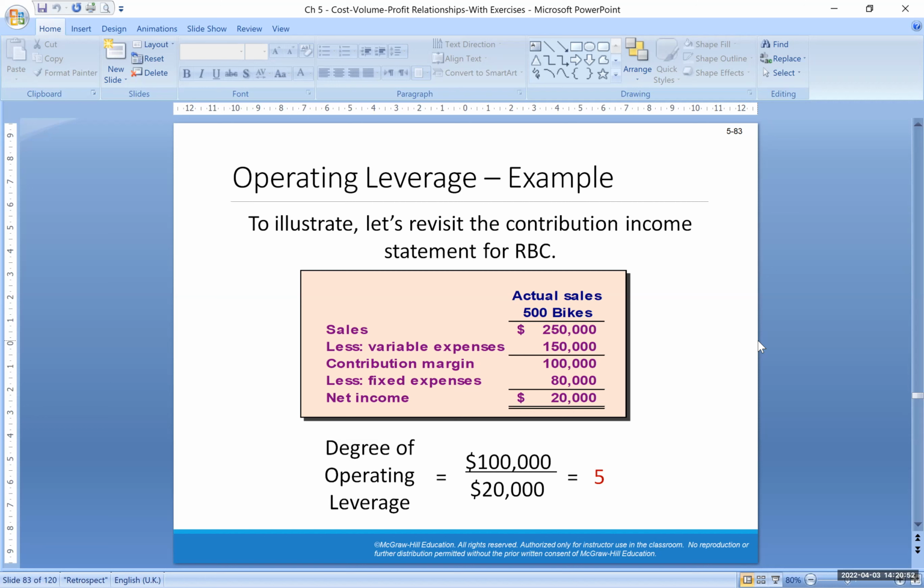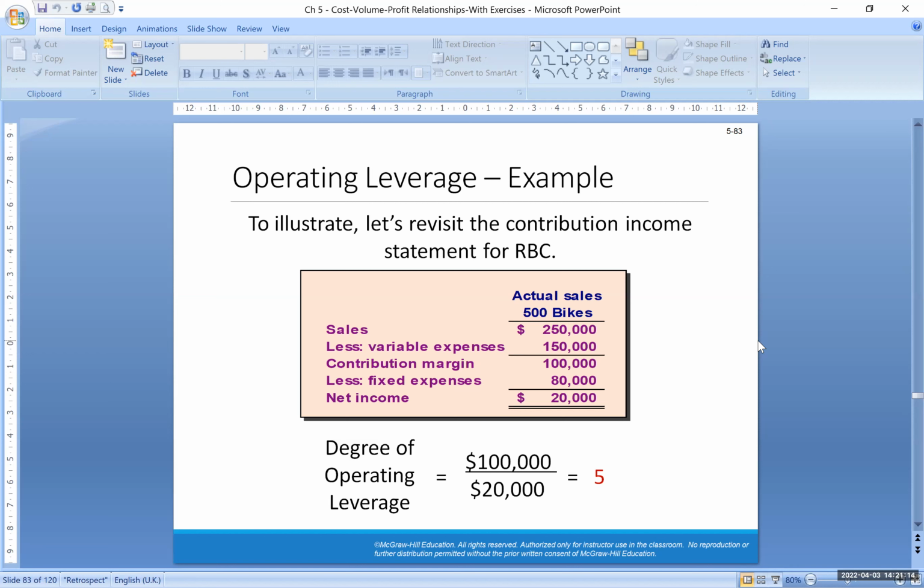Now, if we say contribution margin divided by net operating income, this will give you the degree of operating leverage, which is, again, the sensitivity of the net operating income to the percentage change in the sales, okay?